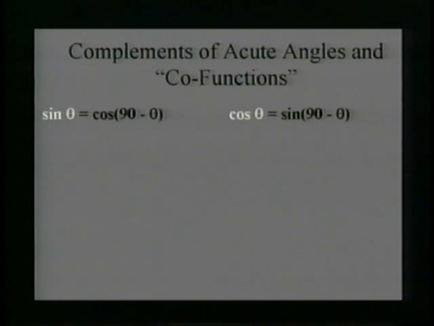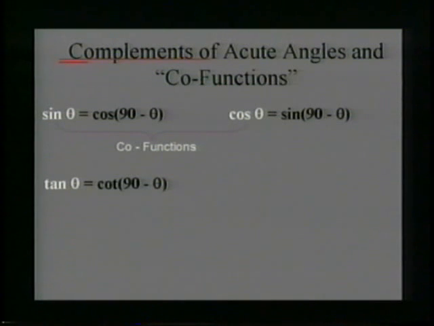And the cosine is the same as the sine of 90 minus the angle. They're called co-functions, hence the term co. Where did it come from? From complements. What are the other ones? The tangent is the same as the cotangent of 90 minus an angle, and the cotangent is the same as the tangent of 90 minus an angle. Works both ways.